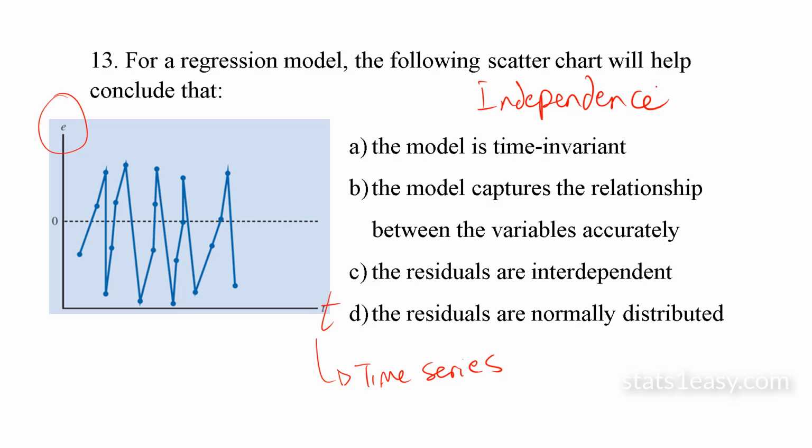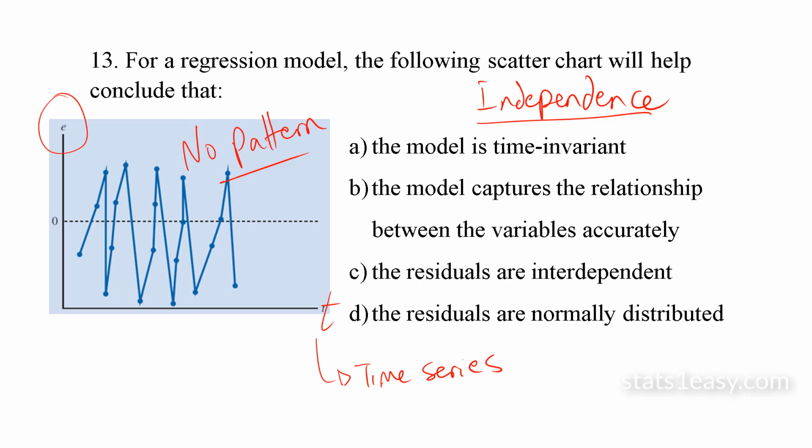Whenever we plot time against errors, we're testing for the independence of the errors. Now, if there is no pattern in this plot, then we have the independence. But in this graph, we have up and down variations, which is a pattern, and that's what we don't want.